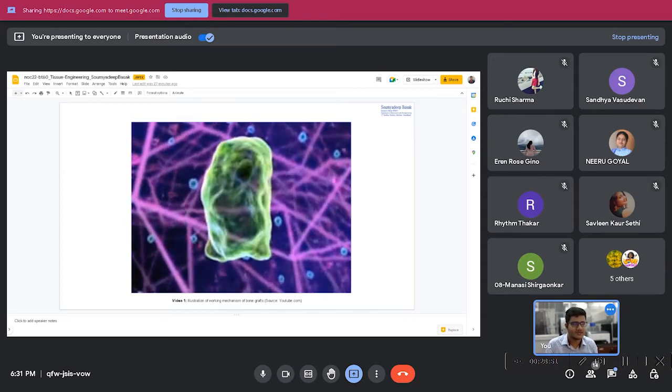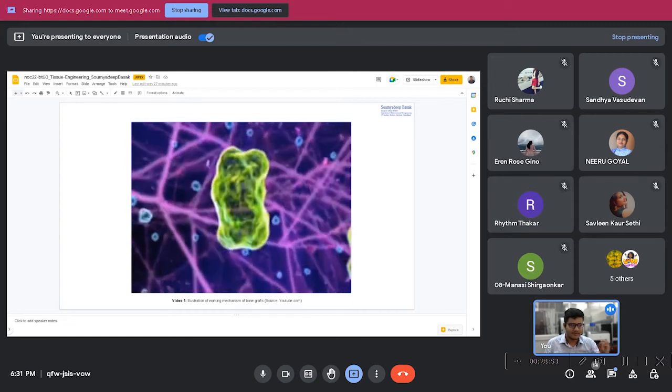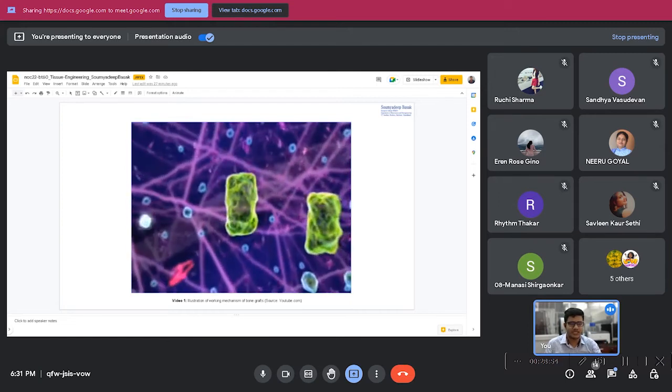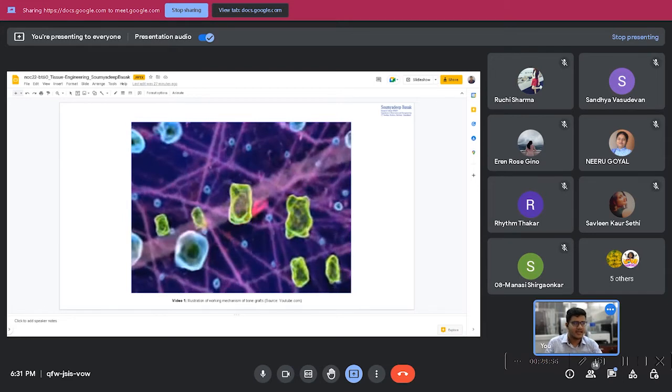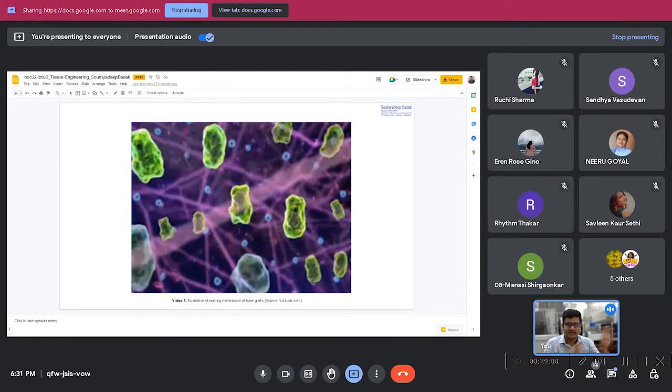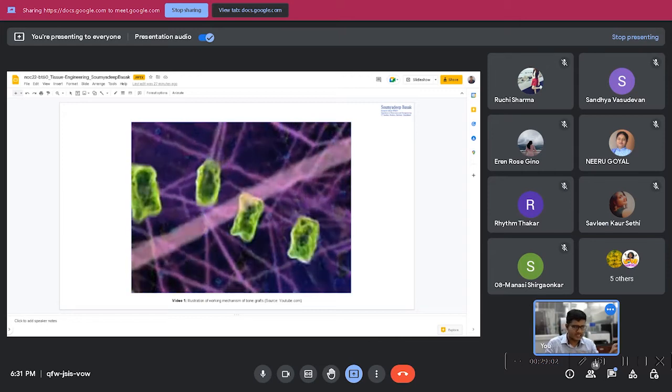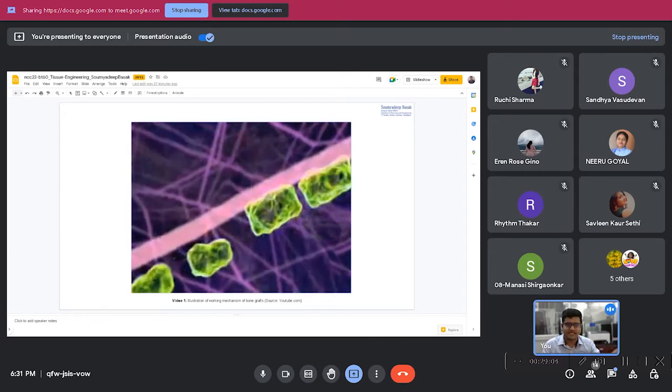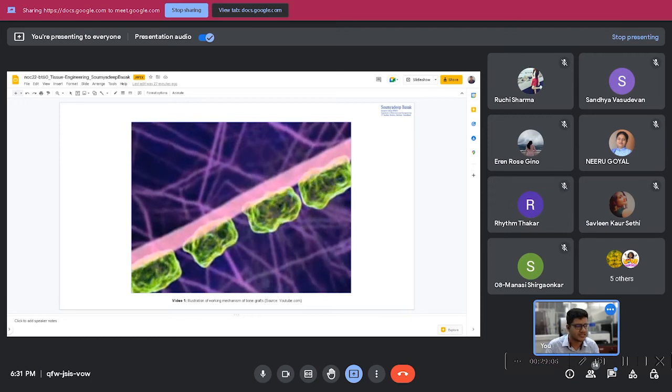Okay, so now they have differentiated to the osteogenic lineages. Then they will start the bone formation, that is the mineralization and mineral matrix formation, the bone or cartilage formation. Okay.